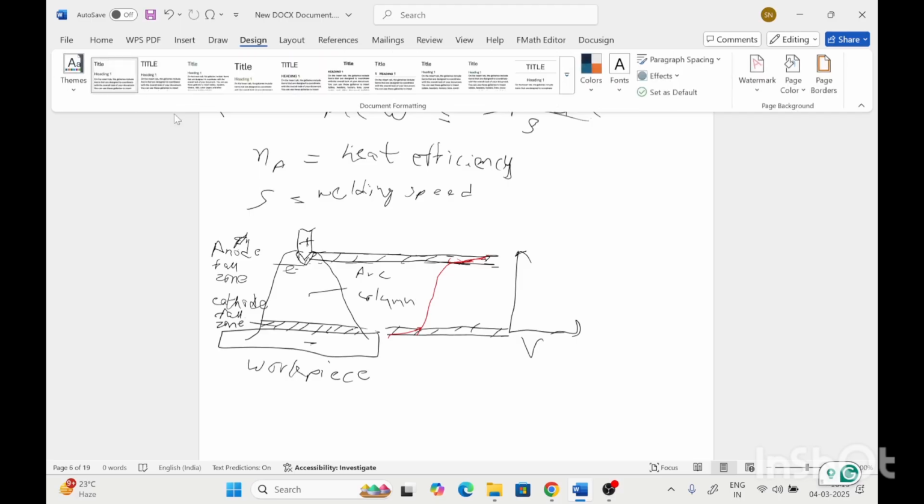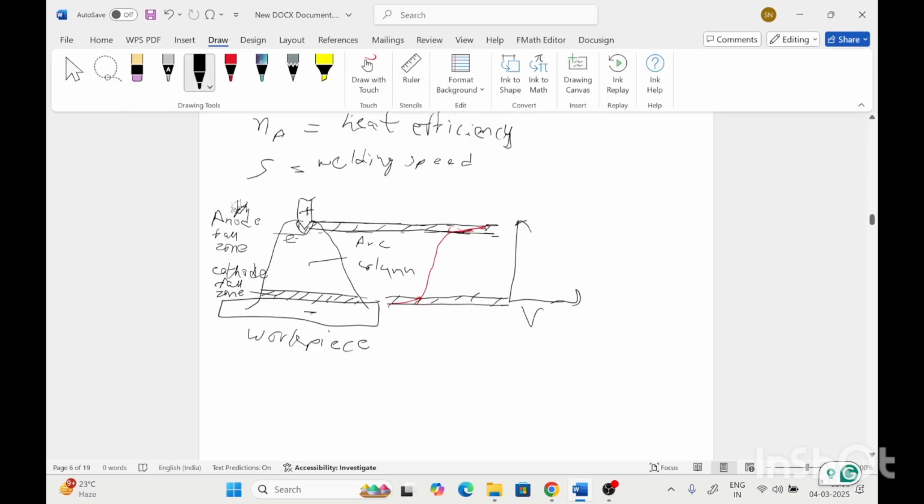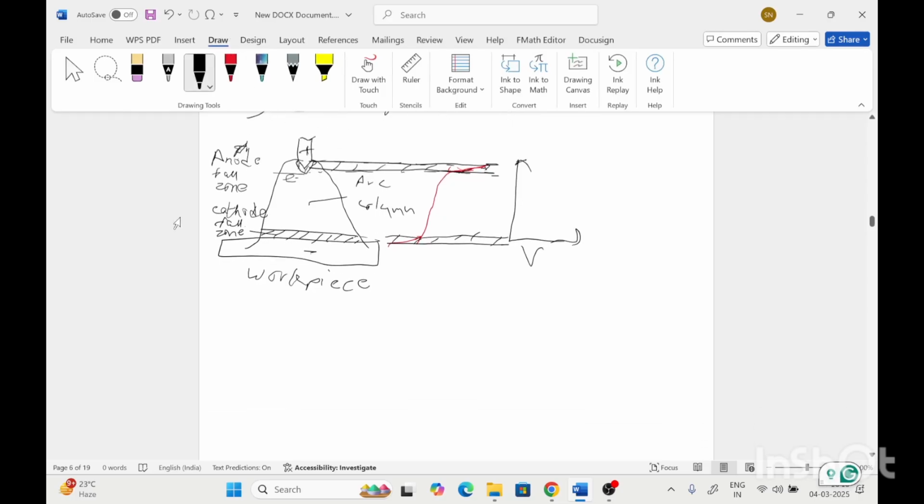This is the voltage difference for an arc.